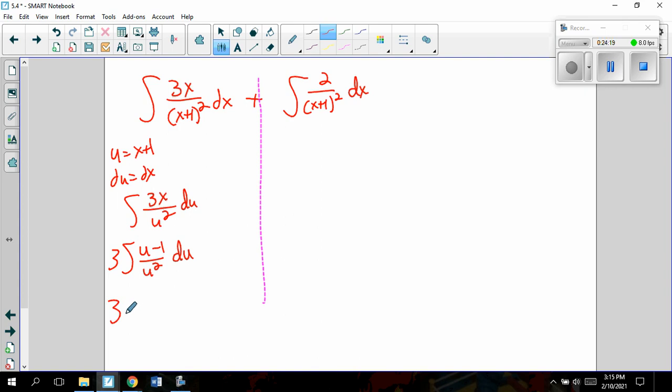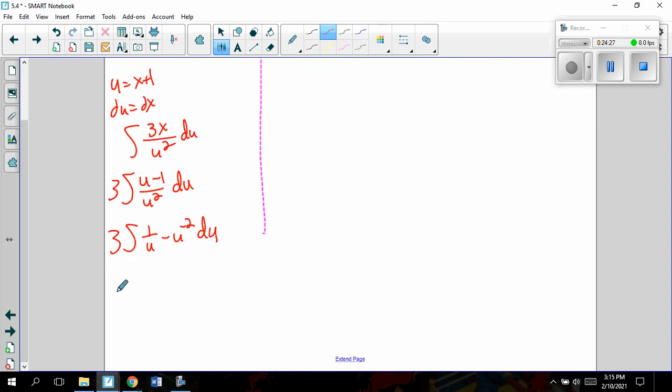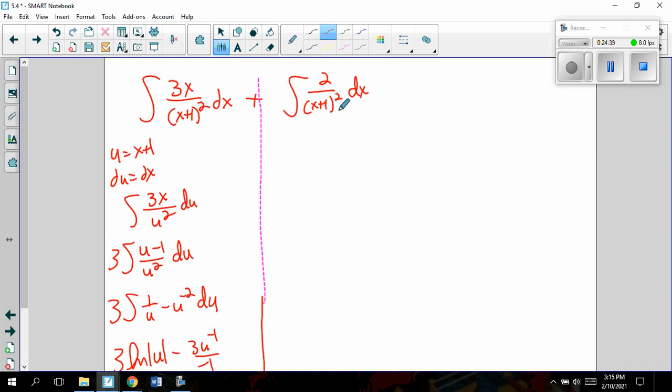So 3 times 1 over u minus u to the negative second du. I keep going down. This would be 3 ln absolute value of u minus 3 u to the negative first over negative 1 would be that part. My second part over here, I could pop the 2 out.